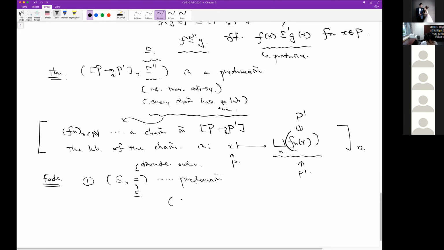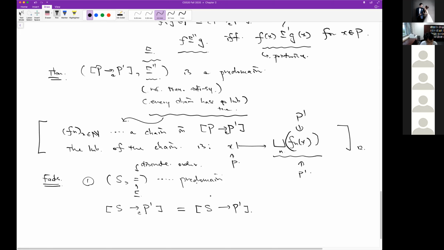And in this set together with the discrete order, the continuous function space from S to some predomain P prime is identical to just the set of all the functions from S to P prime. So in other words, if the source doesn't have any interesting order relationship at all, two inputs have a less-than-or-equal relationship precisely when they are equal.